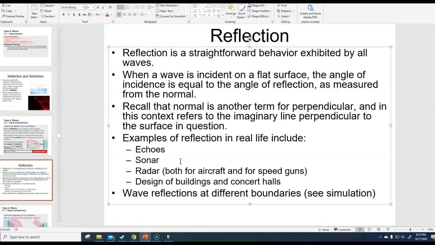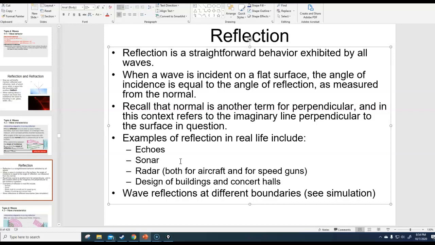And also buildings and concert halls are designed with reflection in mind, because when you're thinking of a concert hall with a bunch of musicians playing music, you have to consider that their sound will go off into the hall and reflect off of the different surfaces.